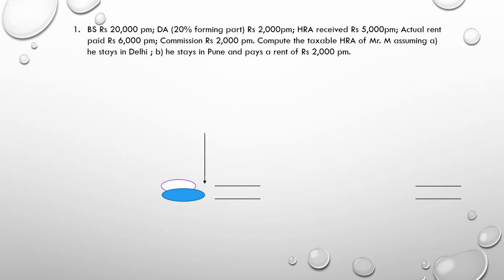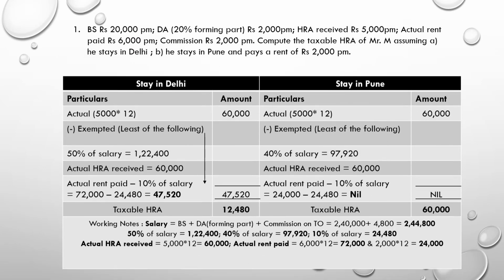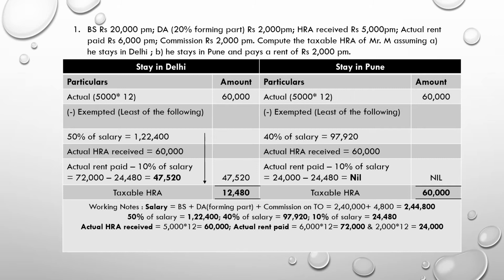We would be able to understand the provisions better with an example. The following is the information of Mr. M. Basic salary 20,000 per month, DA 20% forming part of retirement benefits 2,000 per month, HRA receipt 5,000 per month, actual rent paid 6,000 per month, commission rupees 2,000 per month.